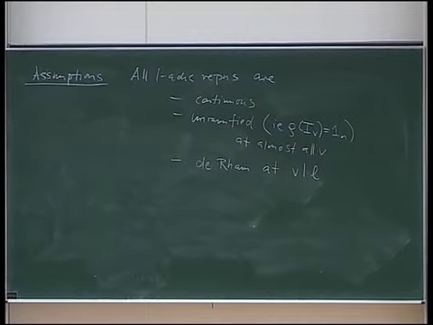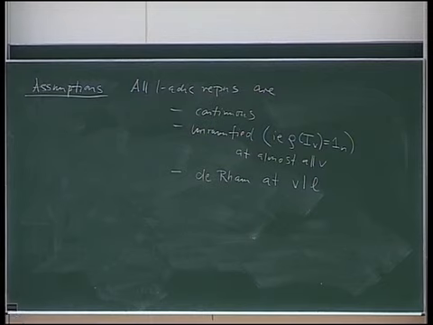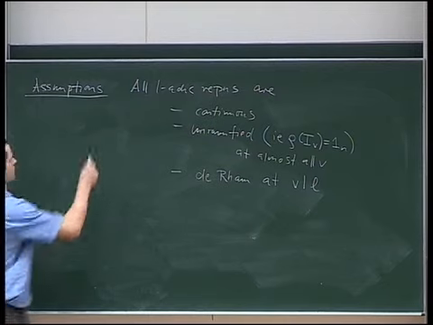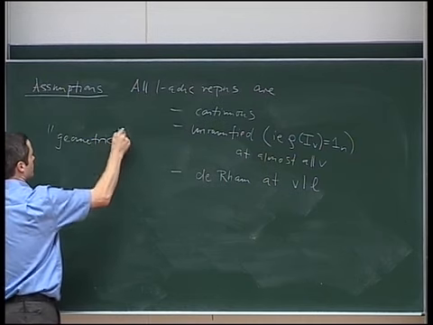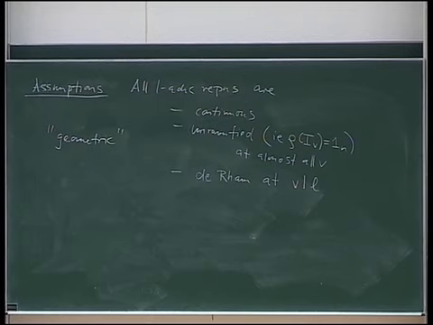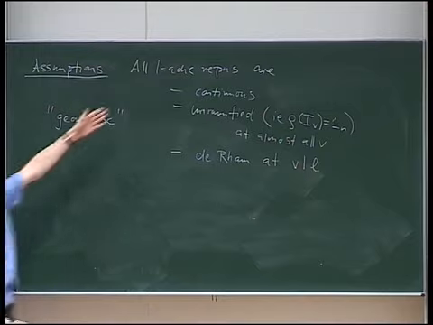I don't have time, unfortunately, to make this more explicit. What I can say is that I'll combine these three assumptions under the name geometric. All representations arising from the étale cohomology of smooth projective varieties do have these properties.